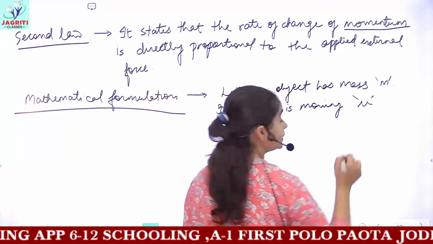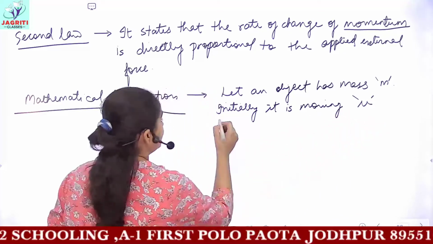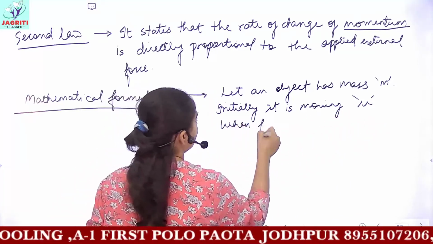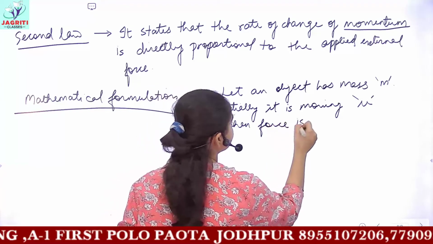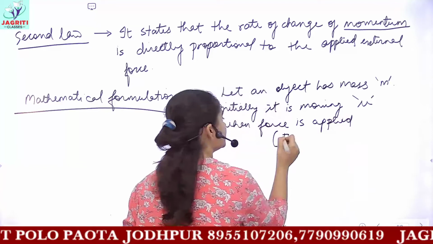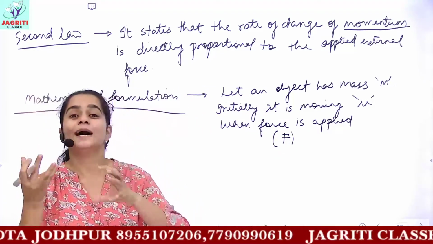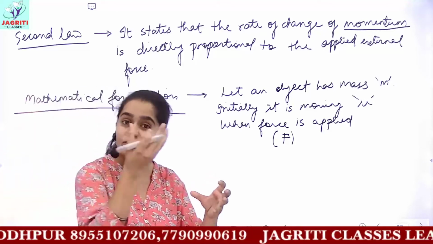You have to learn the symbols. u stands for initial velocity. Then we say that when a force is applied on the object, and force is denoted by the symbol capital F. So we are having an object of mass m which was moving with initial velocity u.